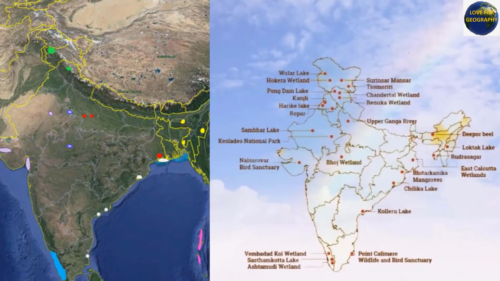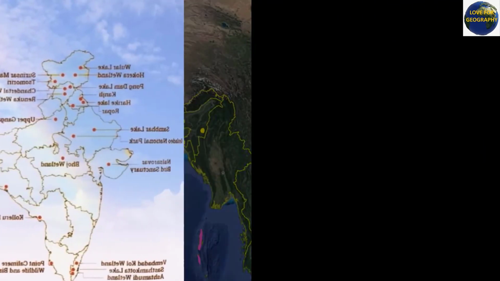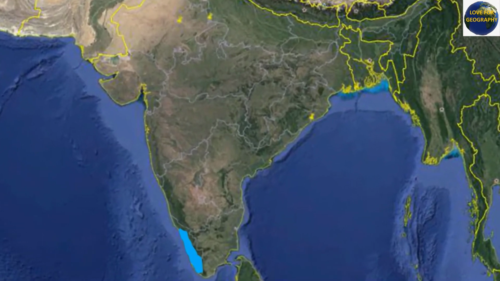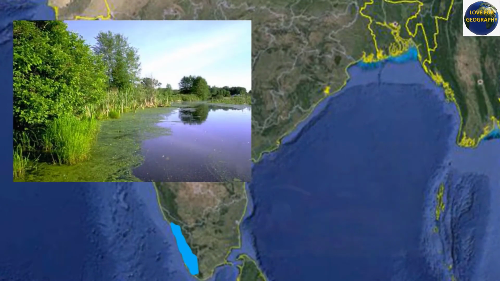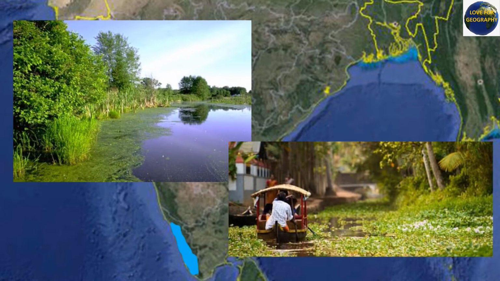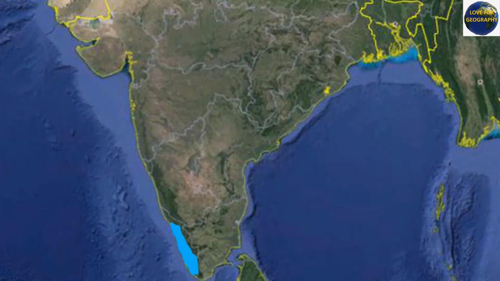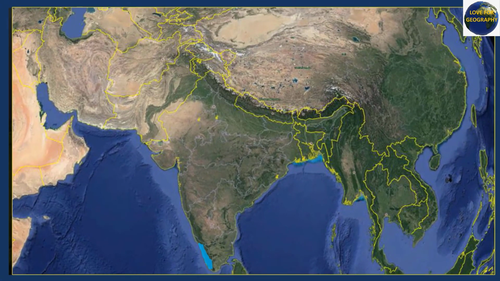The country's wetlands have been grouped into 8 categories. The first one is the reservoirs of the Deccan Plateau in southern India together with the lagoons and the wetlands of southern west coast, especially in the west side.